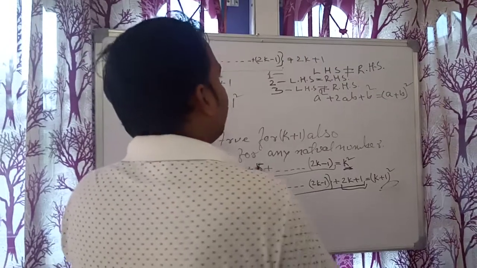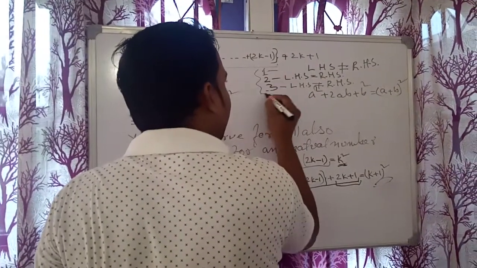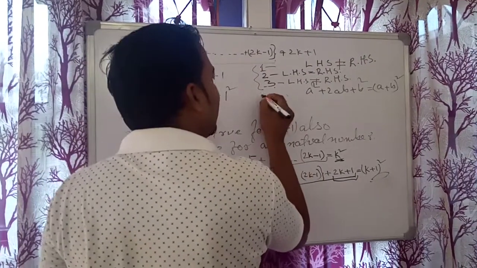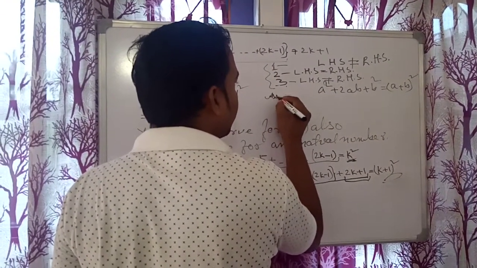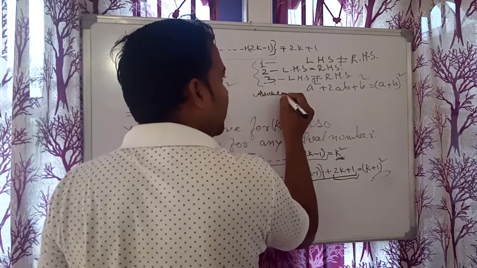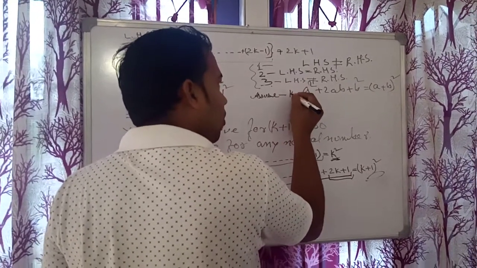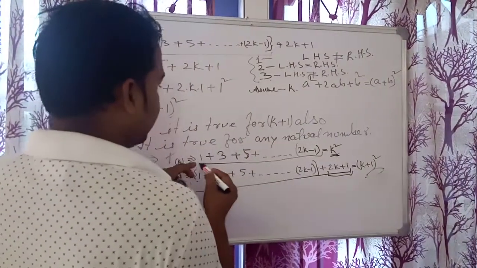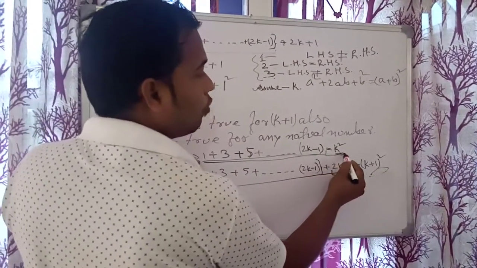Then after doing this portion, so that this is true, you have to assume it is true for k. Then you will get a full equation like this.